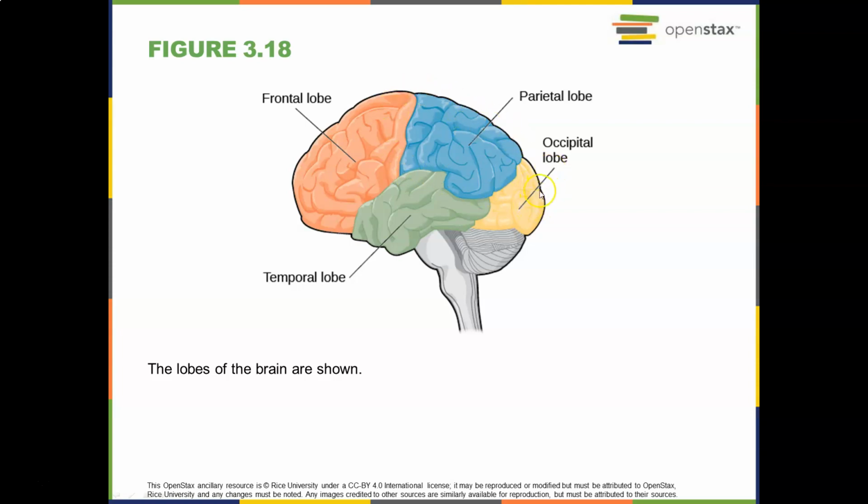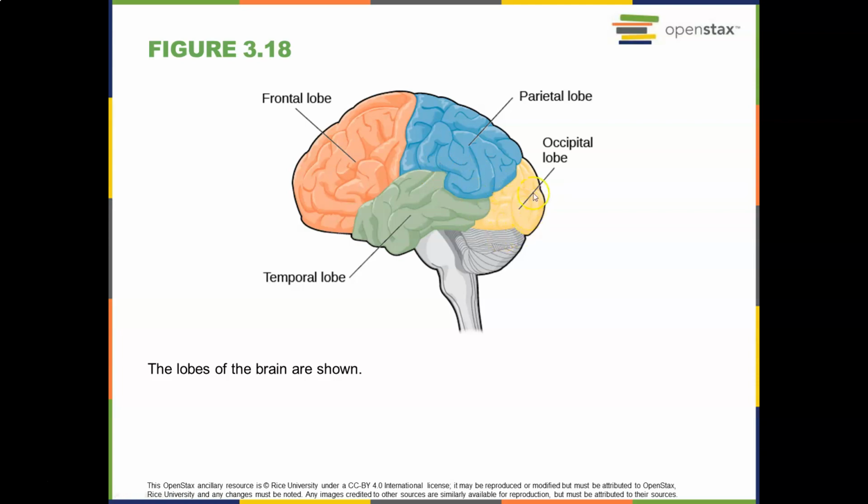But this occipital lobe right here, occipital means vision. Our eyes are located roughly right around this area. So when we see something, when our eyes do something, the signal is transferred all the way to the back of the head into the occipital lobe.